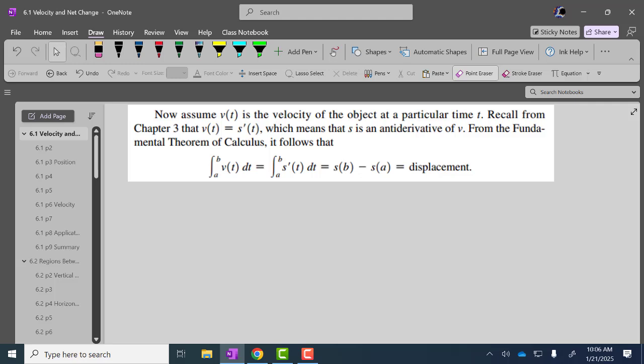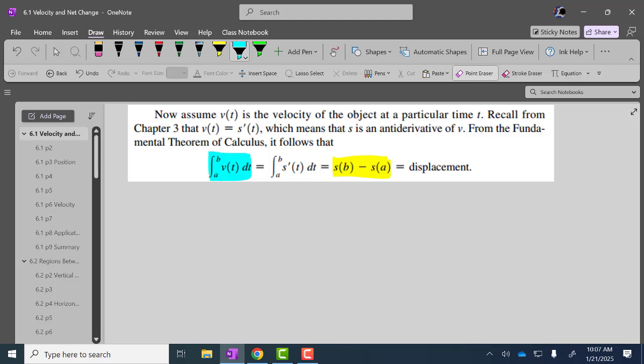So at this moment, we're thinking, okay, well, we've got this S of B minus S of A. That means displacement. We already have a mathematical way to find that displacement. That displacement is found by doing one of the most important things that you learned in Calc 1, and that is the definite integral.